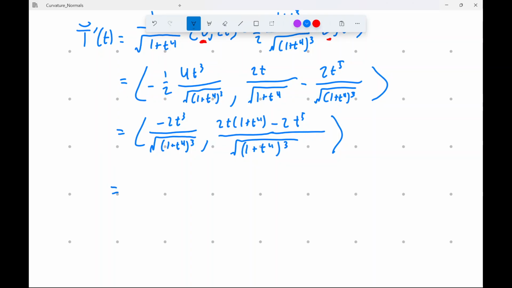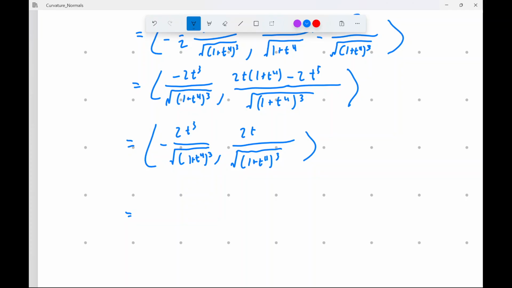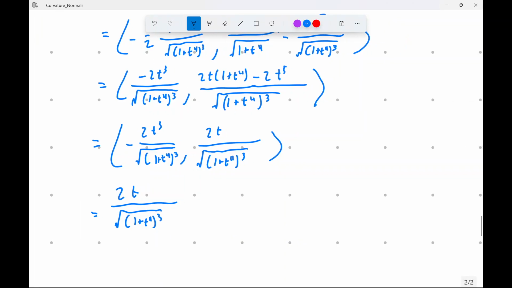This 2t times t to the 4th cancels out with this number. And so you end up getting negative 2t cubed over the square root of 1 plus t to the 4th, cubed, comma, and this just turns into 2t over the square root of 1 plus t to the 4th, cubed. Okay? And then I'm going to go ahead and factor out 2t over the square root of 1 plus t to the 4th, cubed, because that's in both of these terms.